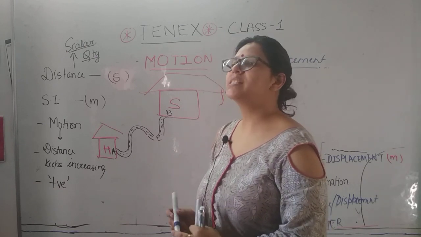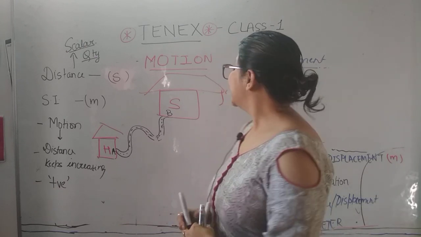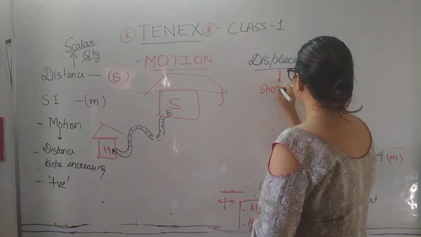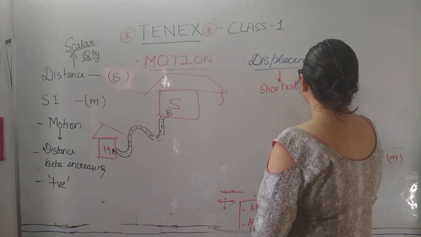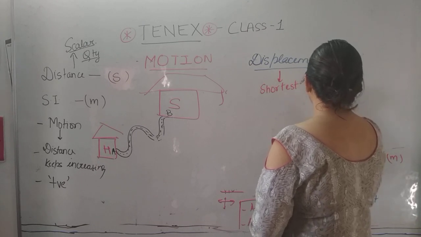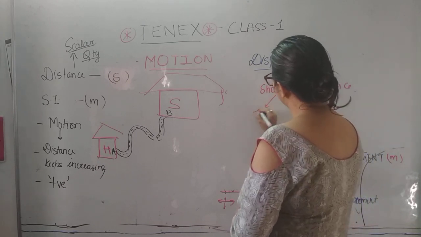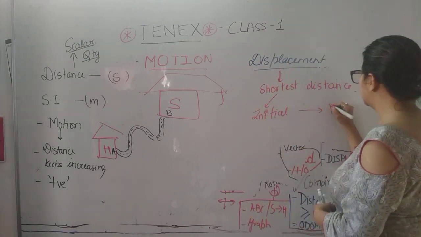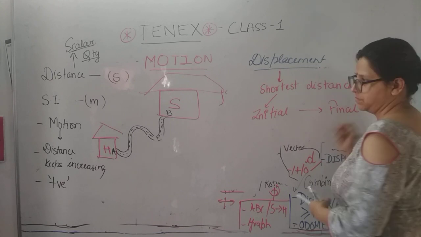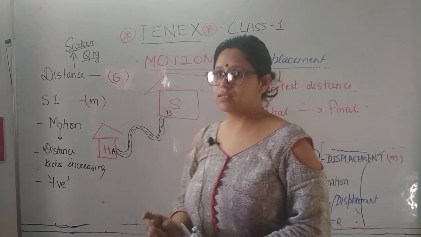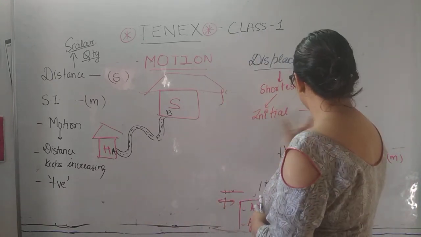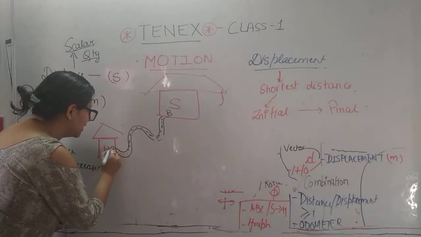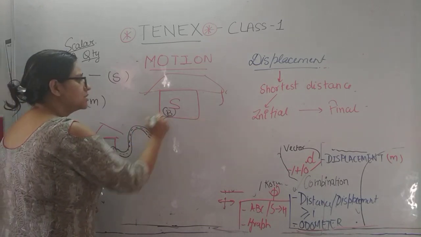However, अगर मुझे displacement calculate करना है, displacement is the shortest distance between the initial position and the final position. So it is the shortest distance between the initial position and the final position. Guys, over here the initial position is A. The final position is B.